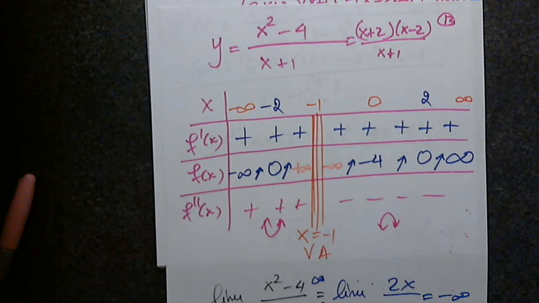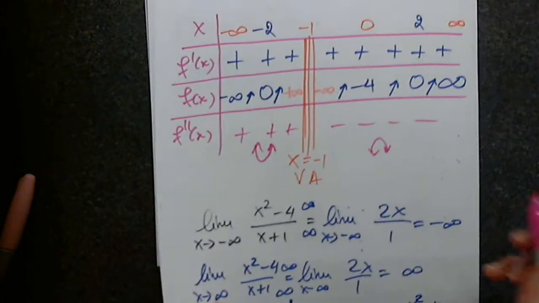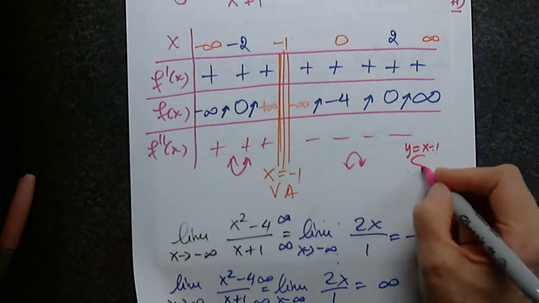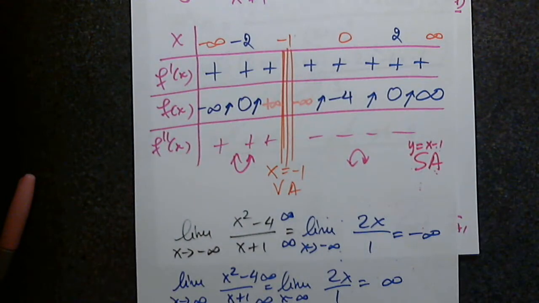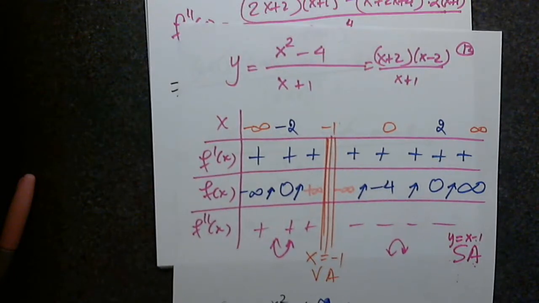So on the table, the only thing that I have to add was y equals x minus 1 slant asymptote, because I'm using just my table when I'm ready to graph, and I have to graph the asymptotes first. So we will graph a vertical asymptote, which is x equals negative 1.